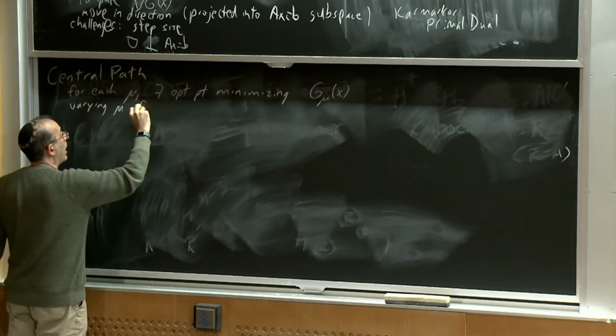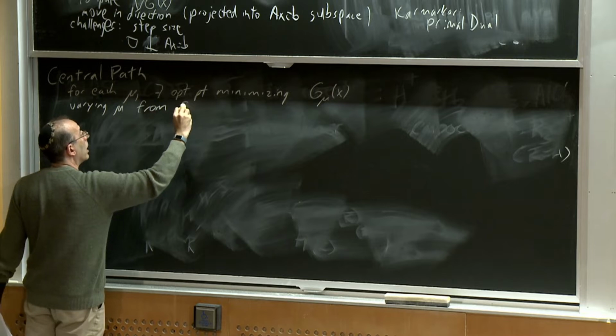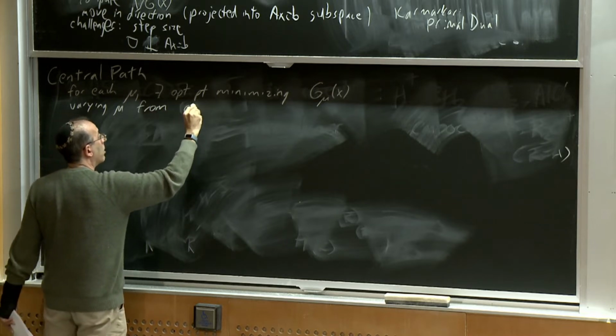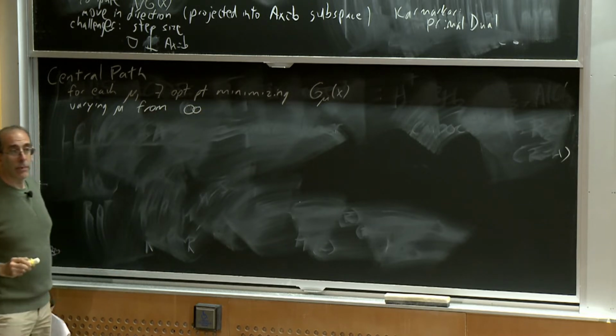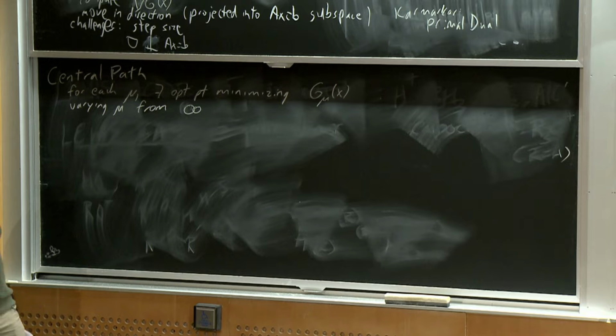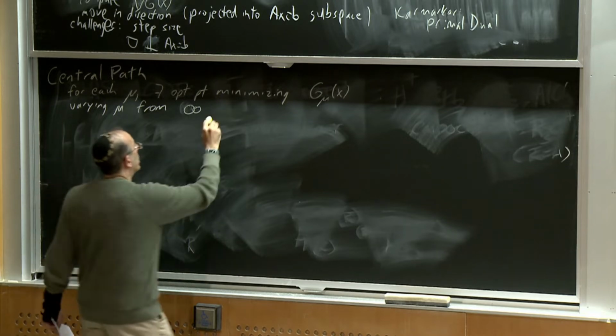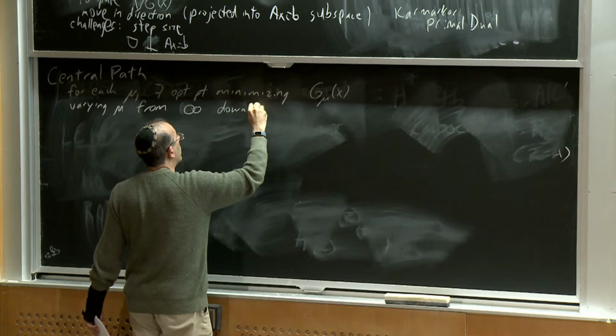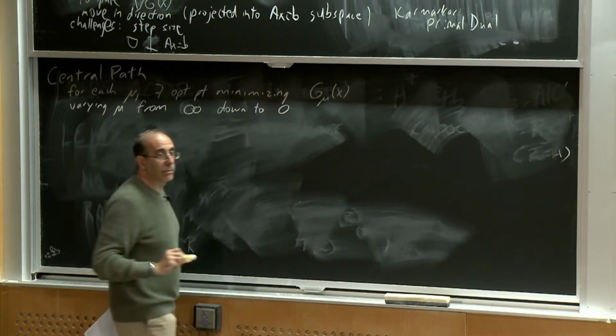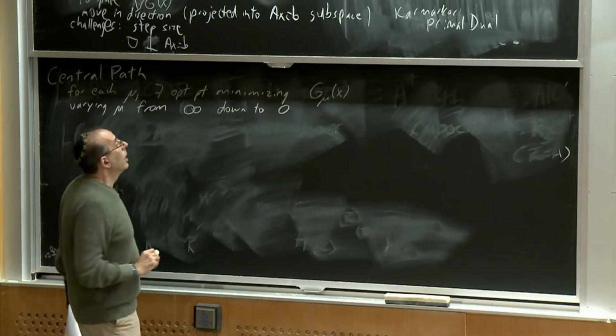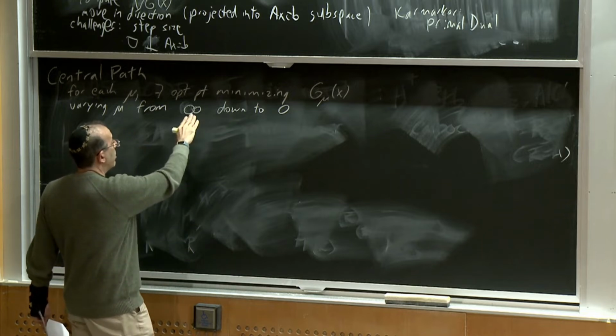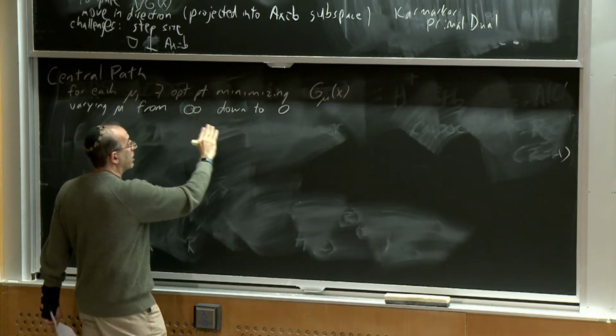As we discussed before, if you start with mu equal to infinity, you're starting at the analytic center of the polytope. And you then take mu down to 0 continuously. When mu is infinity, you're at the analytic center.